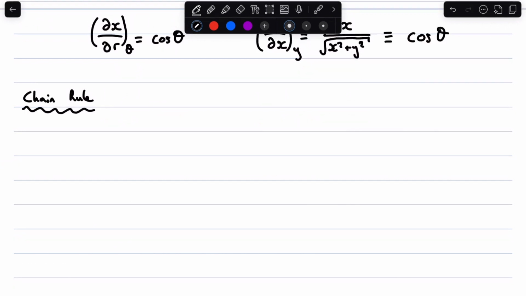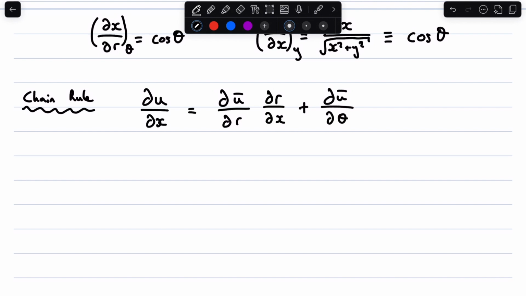So we might want to apply the chain rule. So if we say partial du by dx, what's that equal to? Well, it's going to be partial du bar by dr, partial dr by dx, plus partial du bar by d theta, partial d theta by dx.